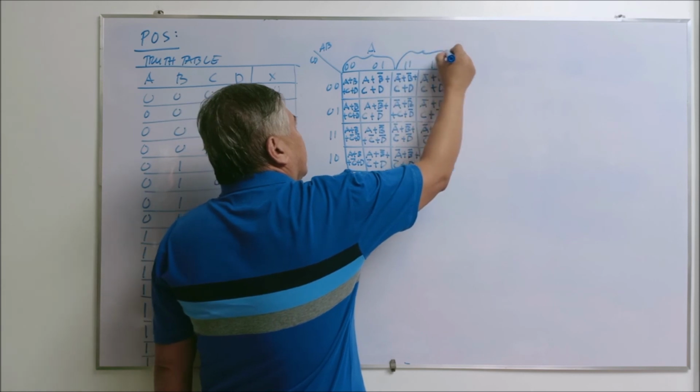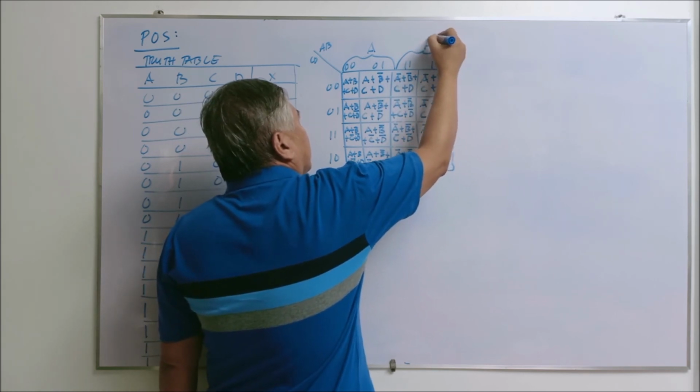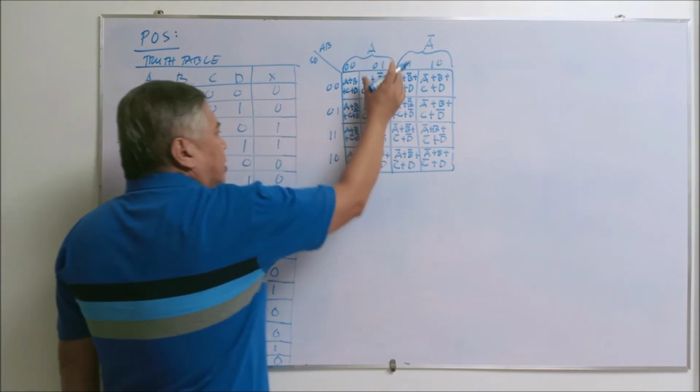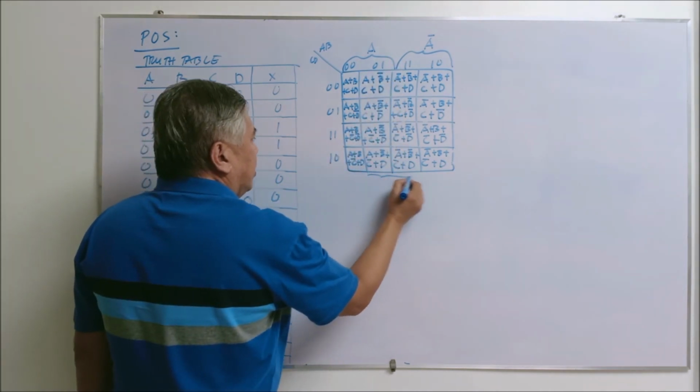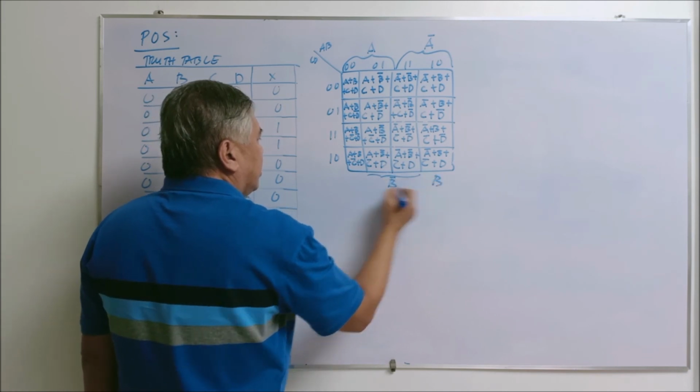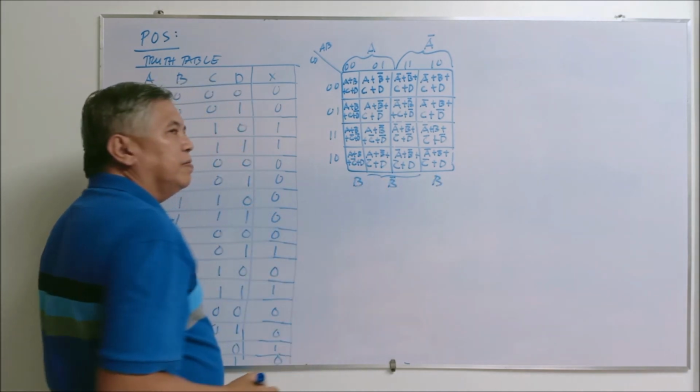So in other words, this area here is under A bar. And this one here, the common is B bar. And this area here is B.